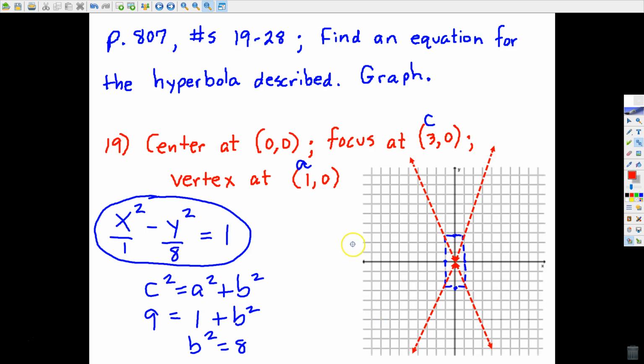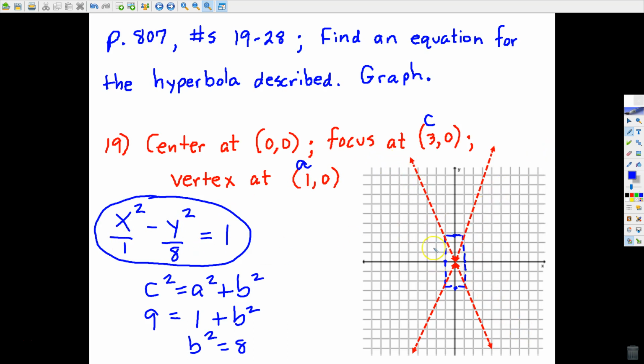Okay, so we're going to draw 2 parabolas that basically stay within these asymptote lines, and they cross these vertices, positive 1 and negative 1. Remember we already established that with the focus and the vertex being on the x-axis, that's the way the parabolas should open.